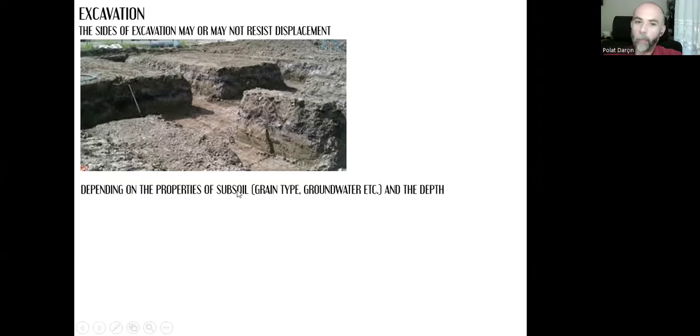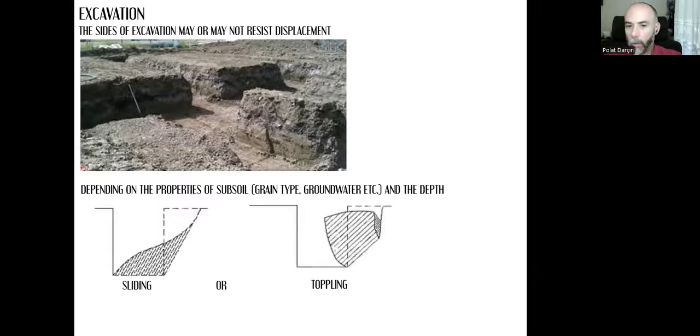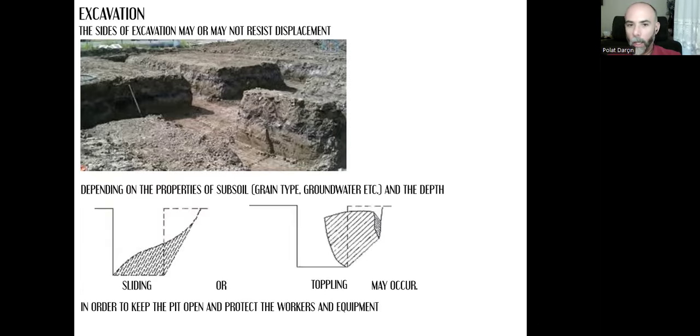But depending on the properties of the subsoil and the depth, there can be a risk of sliding or toppling. And they are both dangerous. The workers can be harmed. All the construction materials can be ruined. And we don't want that.